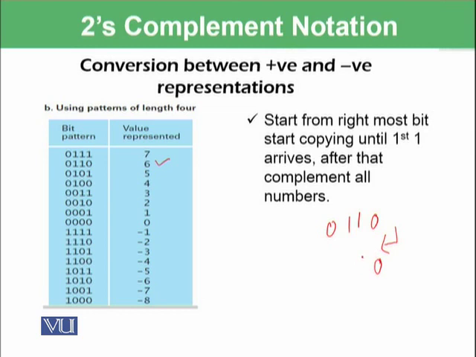The first one is reached, and that would be written, and after this first one, all of the bits will be changed. 1 would be changed to 0 and 0 would be changed to 1. So this will become 1010. So you can see minus 6 is represented with 1010. Similarly, you can go from negative to positive as well.